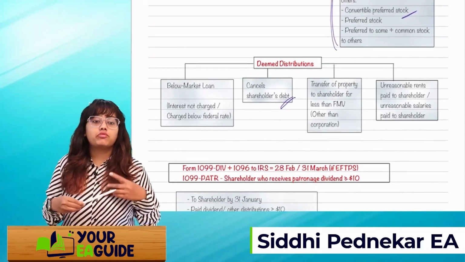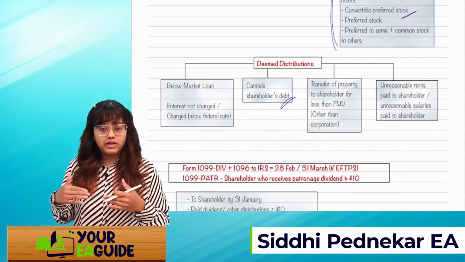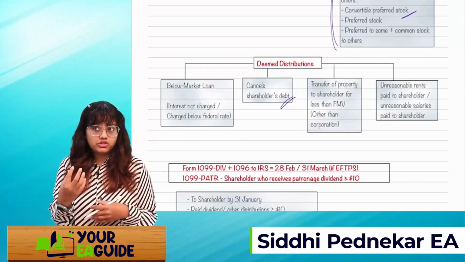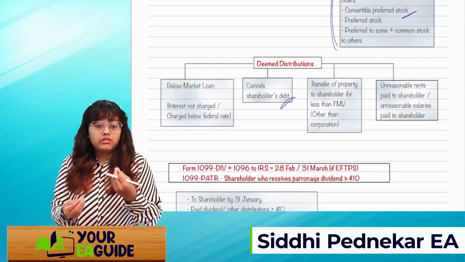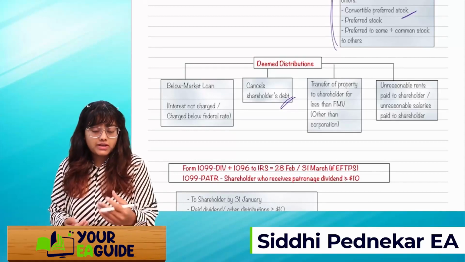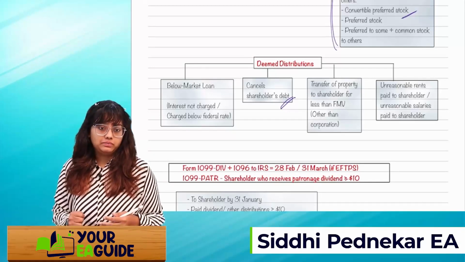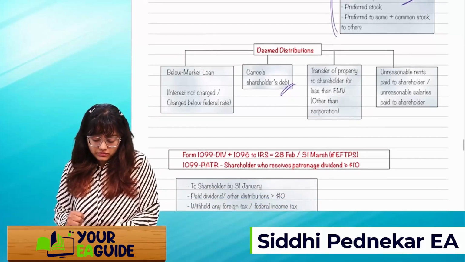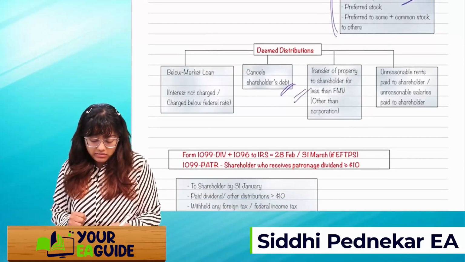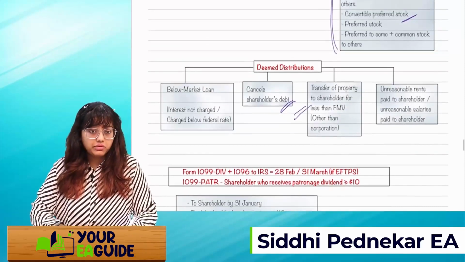If there is a transfer of property to the shareholder for less than fair market value, like the property given by the corporation and the taxpayer is paying an amount less than the fair market value, right? So that will be called a deemed distribution or deemed dividend.